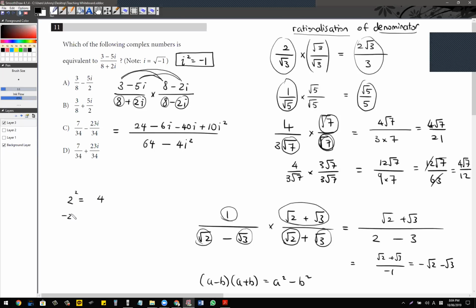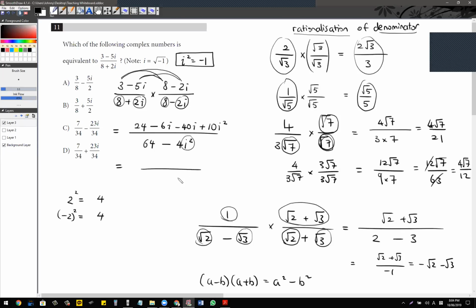What's the square of negative 2? It's still positive 4, right? So whether you square a positive number or a negative number, you get a positive number. But this i is known as an imaginary number, and if you square that, you get a negative number. You get negative 1.